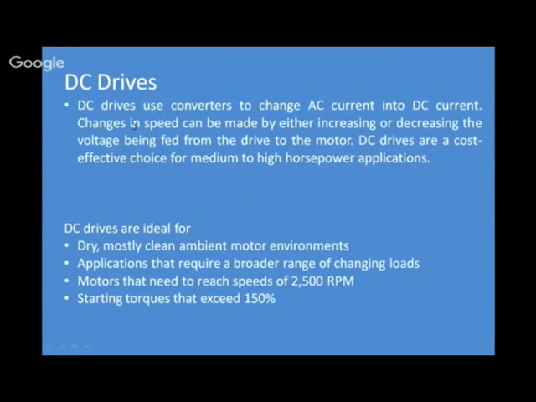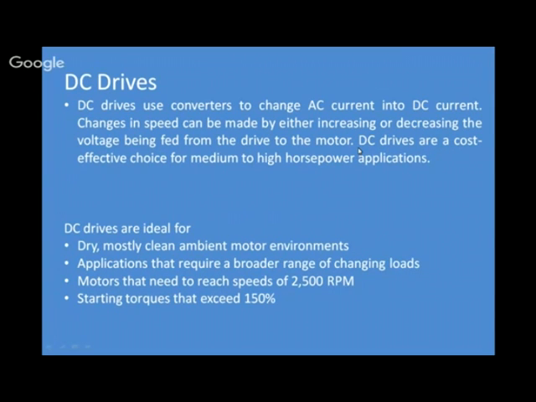DC drives are basically used by having the AC current converted into DC. This can be done by using rectifier circuits. So we can increase or decrease the voltage being fed to the DC motor by using the firing angle of the rectifier circuit.